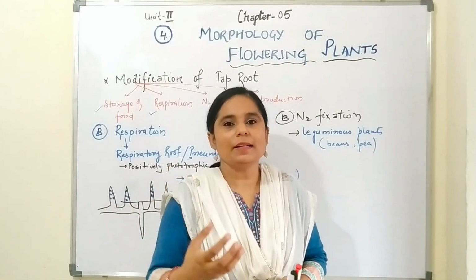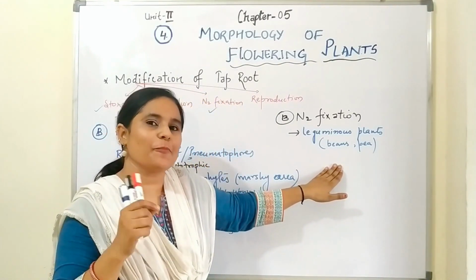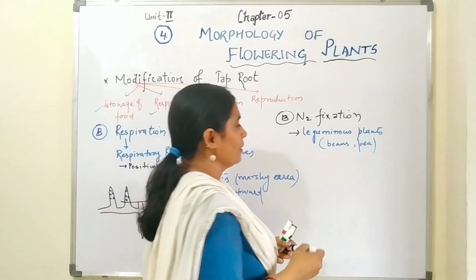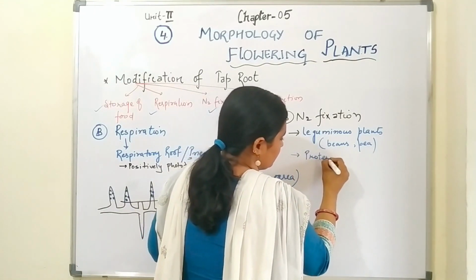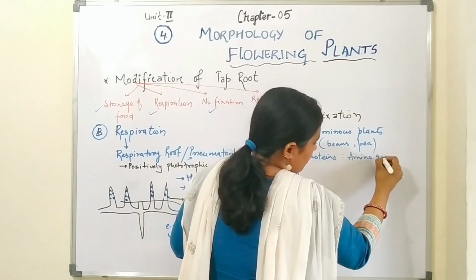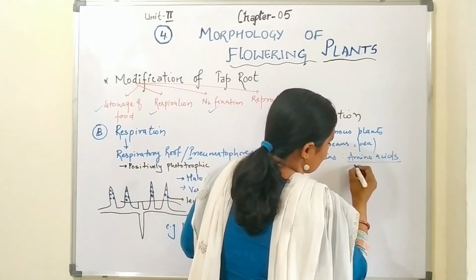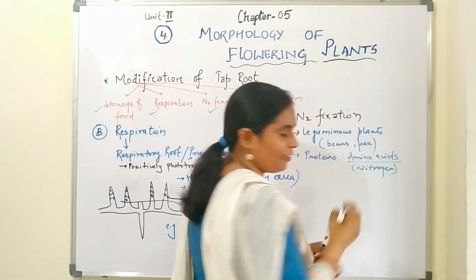Because these pulses, these grains have a high amount of protein, and the proteins are made up of amino acids, and amino acids have nitrogen in them.